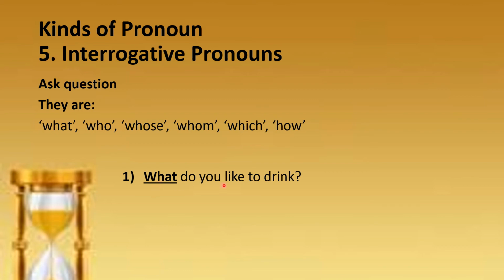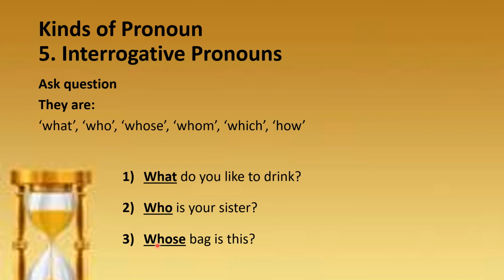What do you like to drink? So what here is used as an interrogative pronoun because it is used to ask a question. Who is your sister? Who is the interrogative pronoun because it is used to ask a question. Similarly, in the third example, whose bag is this? Whose has been used to ask a question, so it is an interrogative pronoun.